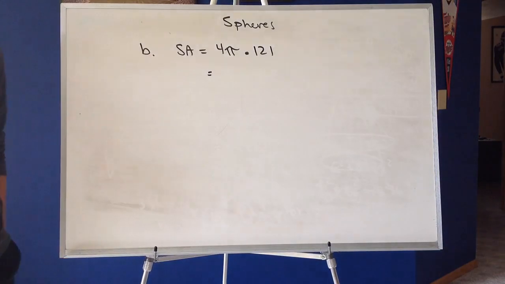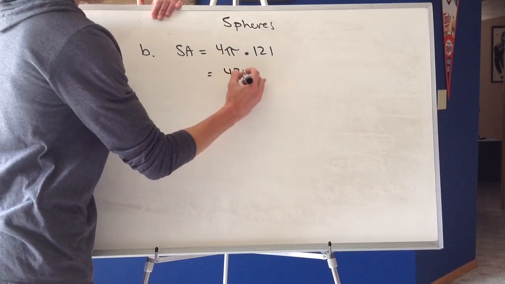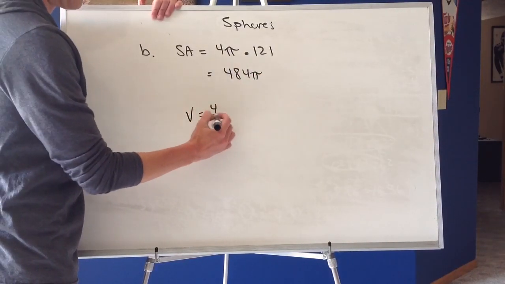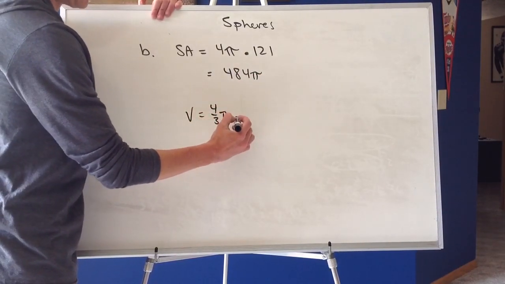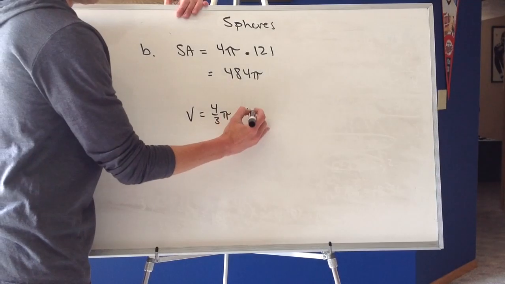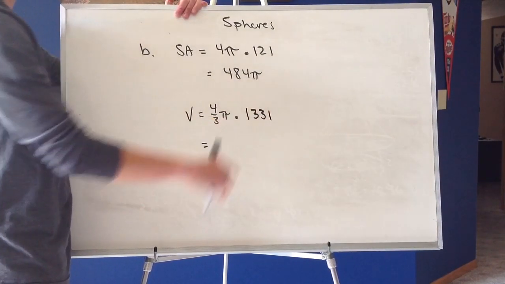Multiply that by 4 and you'll end up with 484 pi. For volume, 4/3 pi times, this time we want to cube the 11. When you cube 11, you get 1331.